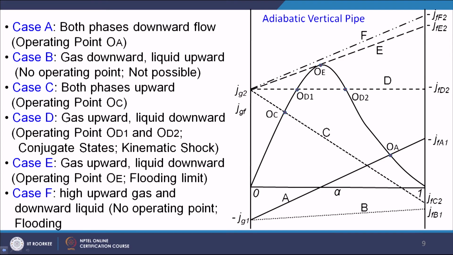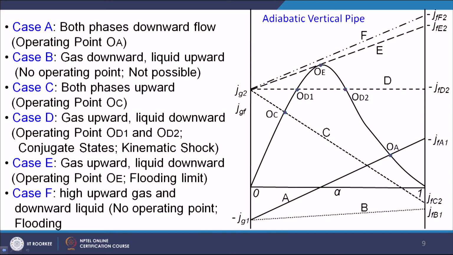In case C, both the phases we have taken upward. So, Jg and Jf, both phases are upward. If Jg is upward, then at alpha equals 0 we have to go to the upward side. Let us take that point as this one, Jg2, in the upward side at alpha equals 0.